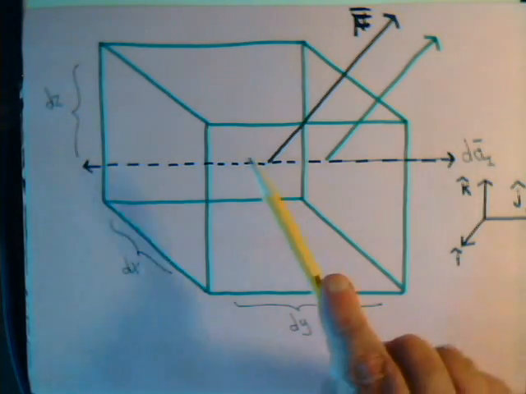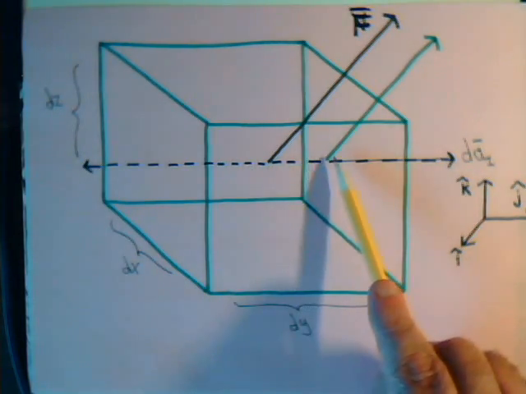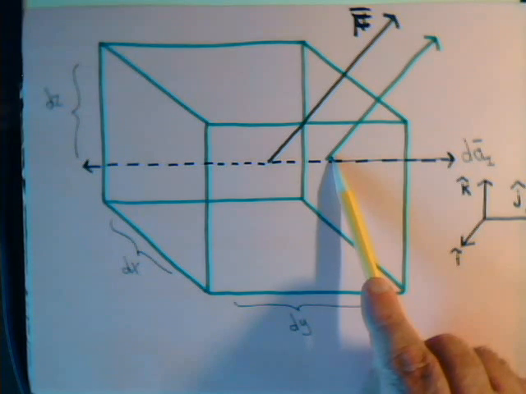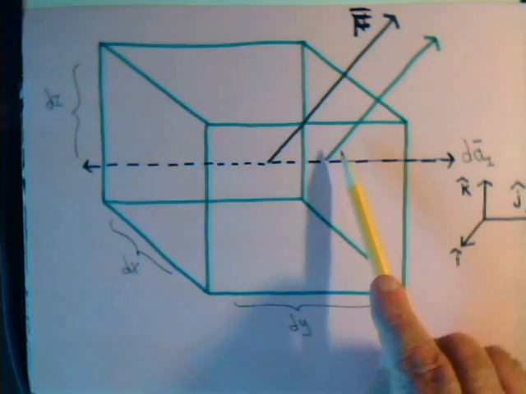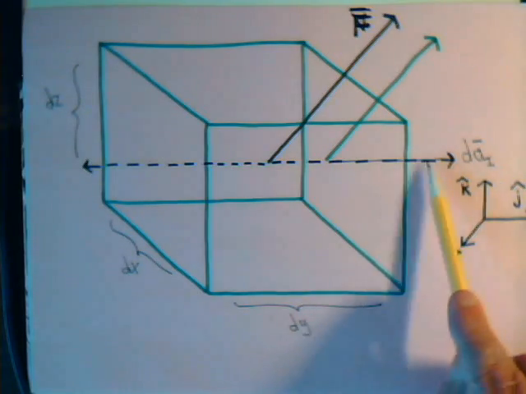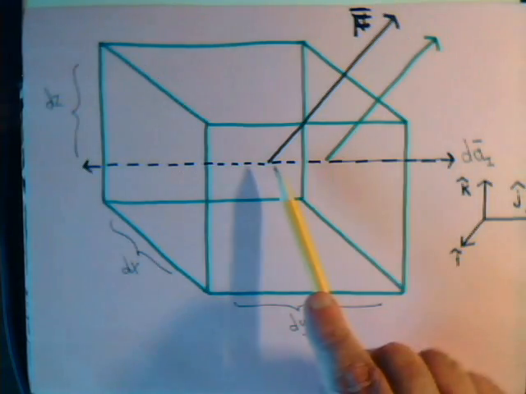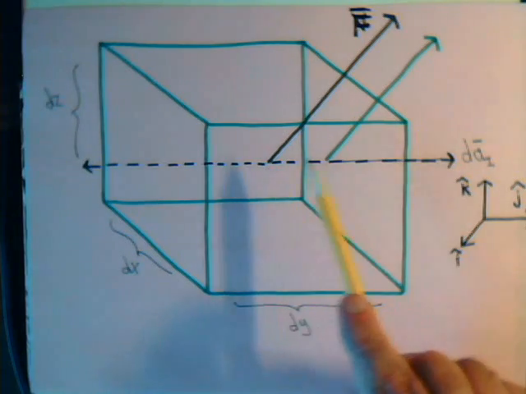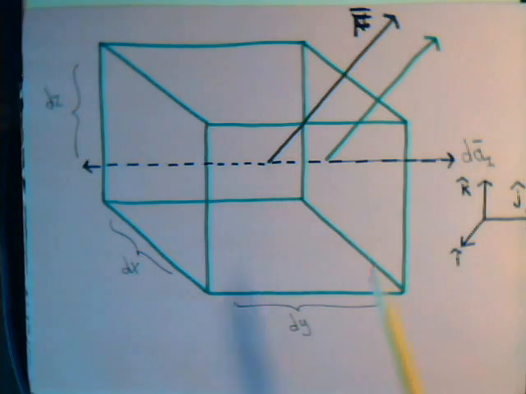So when we move the vector over in juxtaposition with the right-hand face to take the dot product and get the differential flux for this face, we're going to change the value of the vector, and we'll deal with that in just a few moments.